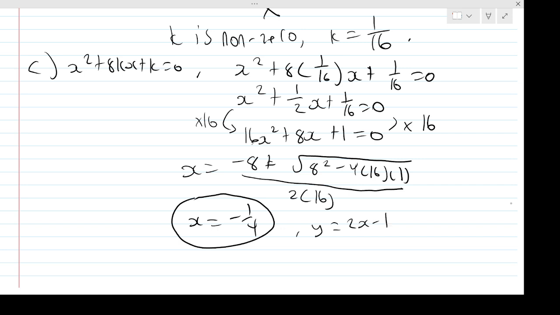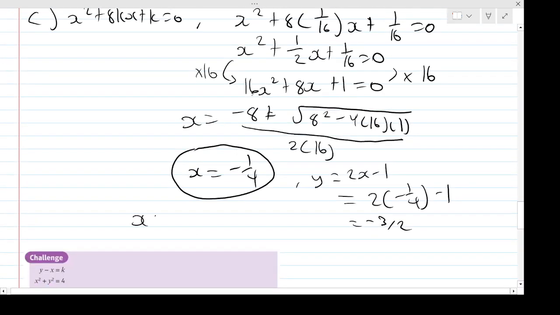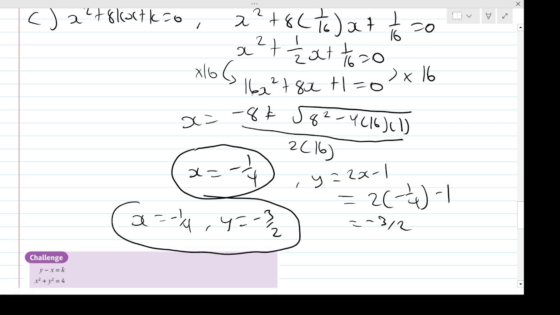So when x is minus a quarter, that's going to be 2 lots of minus a quarter minus 1. Which then would be, put that in a calculator, if you're lazy like me, you get minus 3 over 2. Cool. So therefore, that's our solution. So when x is minus a quarter, y is minus 3 over 2. And that's our only pair of solutions.